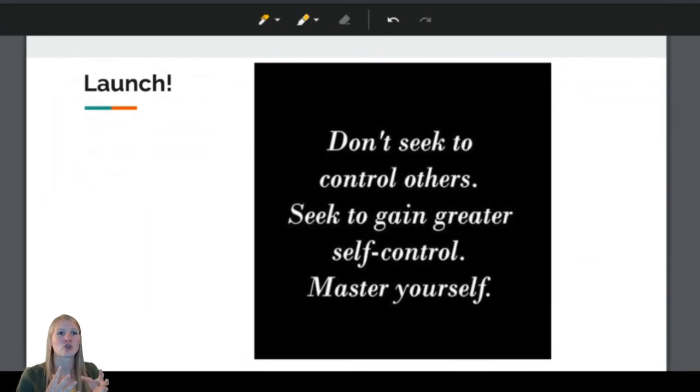So instead of trying to control other people and make them like you and make them do things with you or something like that, seek to have greater self-control. Seek to be able to, instead of going, I want them to like me, ask, why do I need them to like me so badly? I'm a peach. Some people don't like peaches. That's okay. Not everybody has to like me. So if you can master yourself, you won't need to try to control people as much.